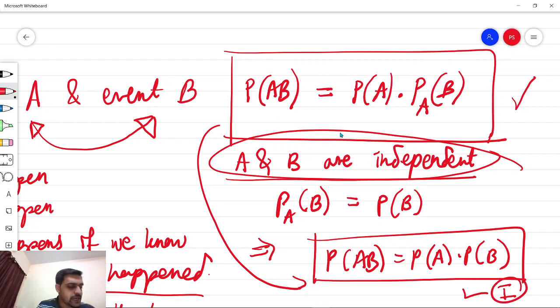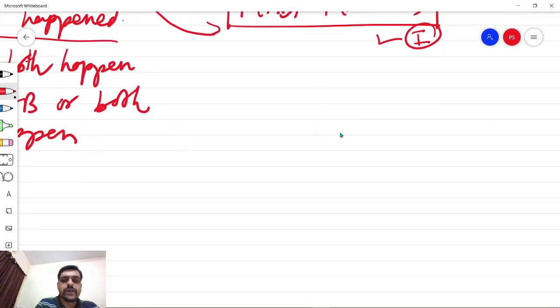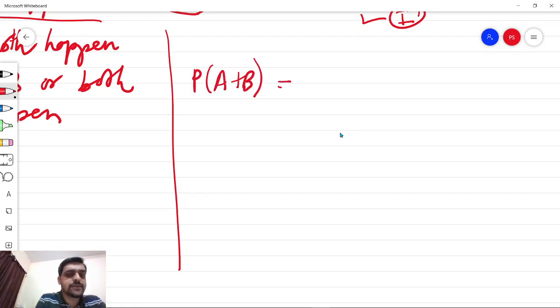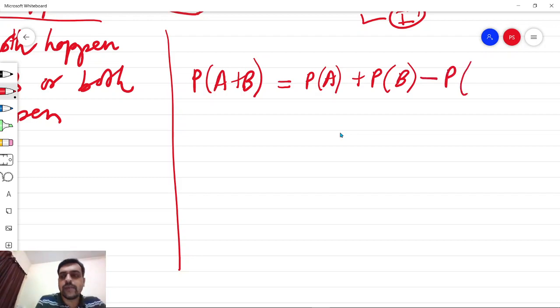Let us move to the second theorem. For the same two events A and B, P of A or B would be given as P of A plus P of B minus P of AB.